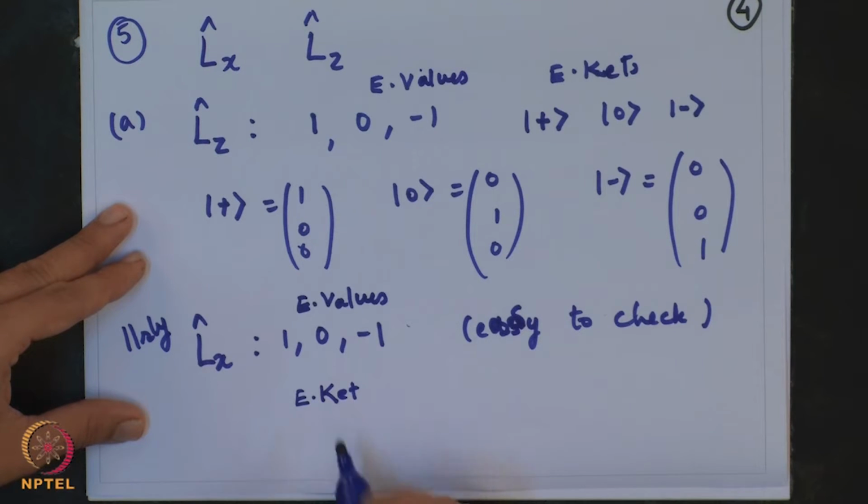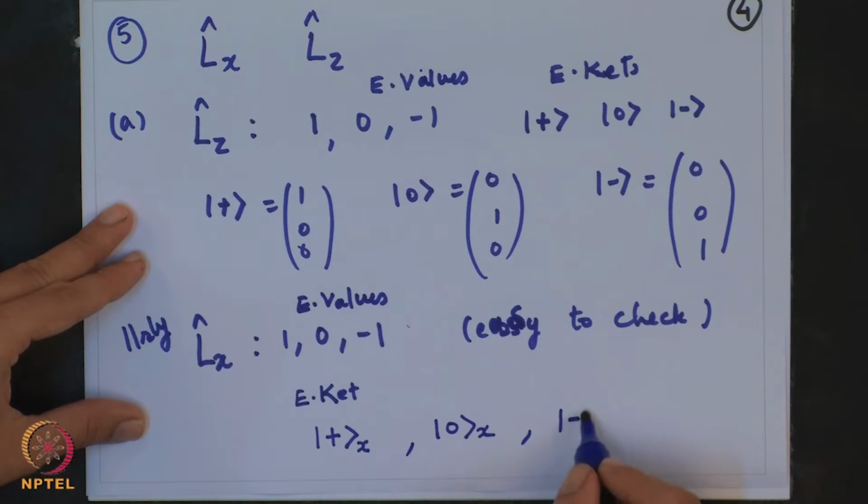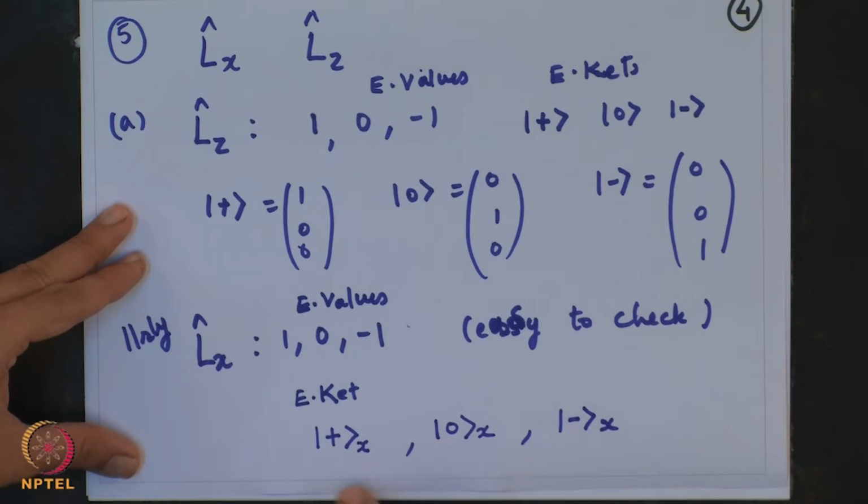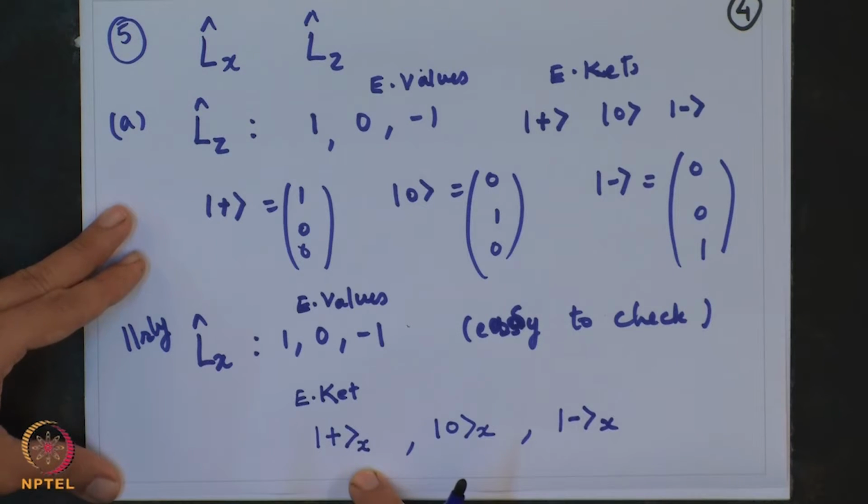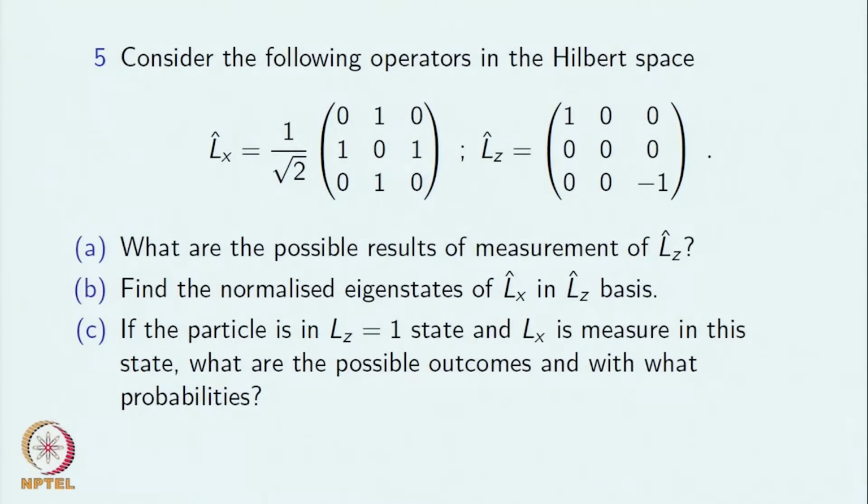So, the eigenkets, let me denote them by plus ket with a subscript x, 0 with a subscript x, and minus. Now, you have to find the eigenket plus x in terms of plus, 0 and minus, that is, in the Lz basis.